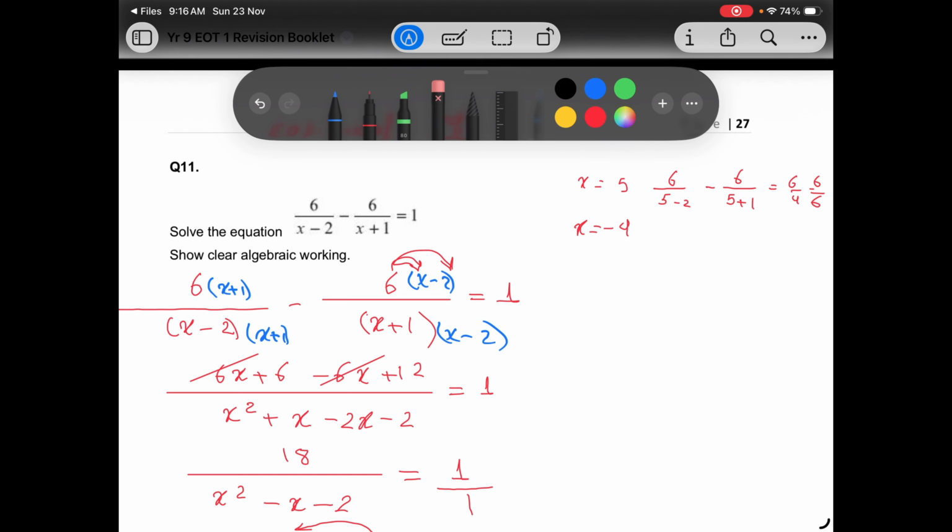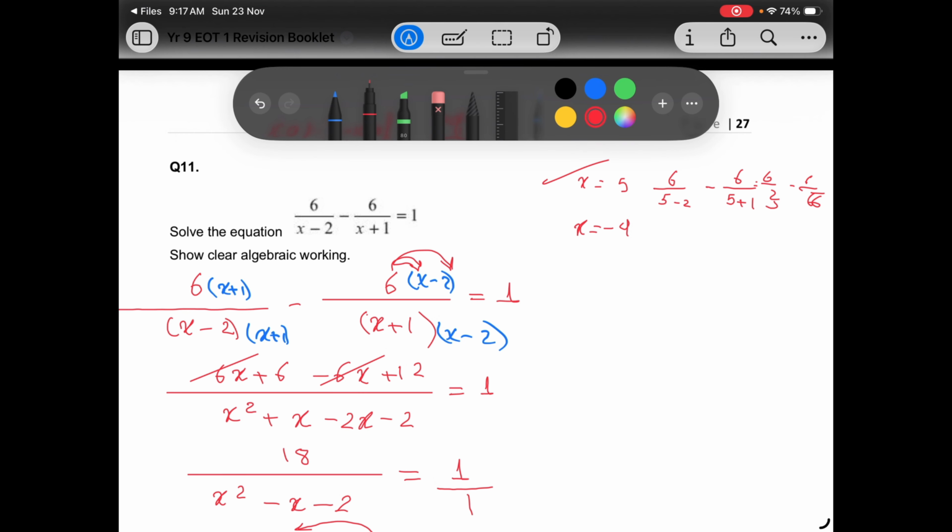Oh, sorry guys, here I have to just correct this. So it will be 6 over 3, which is 2, minus 6 over 6, which is 1. 2 minus 1 is 1, so this is correct.